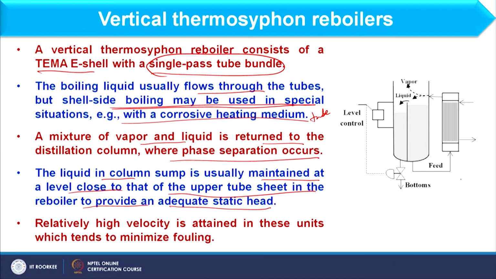So, that is basically the vertical thermosyphon reboiler, where feed enters the tube side, and it handles relatively high velocity in comparison to a kettle reboiler, and because of this, fouling and scale formation can be minimized. That is the added advantage of the vertical thermosyphon reboiler.